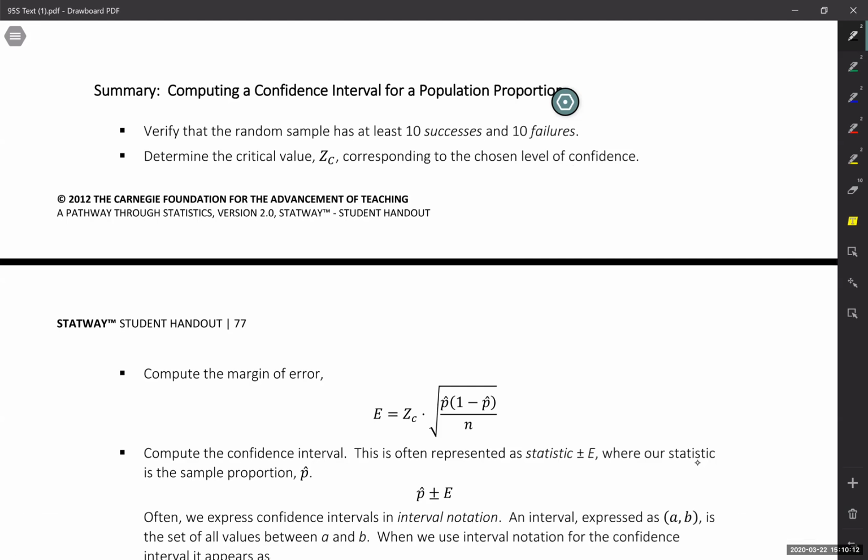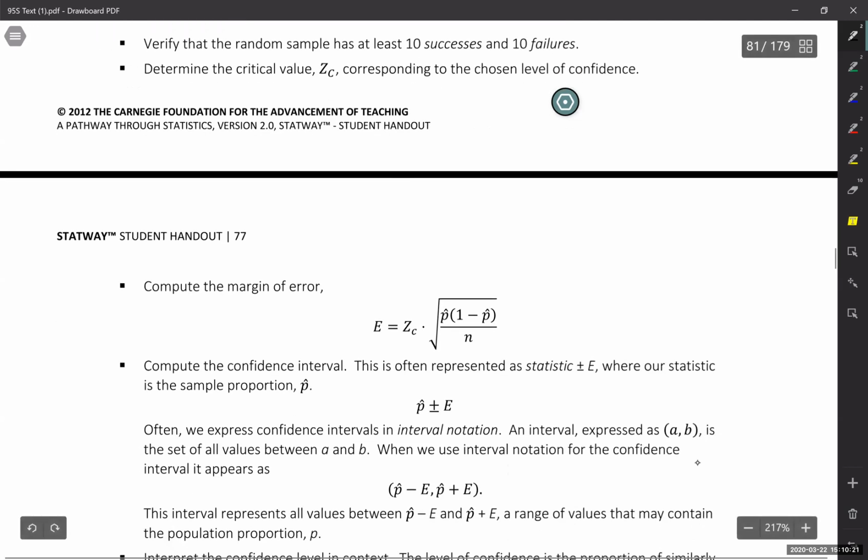And once we have that, we want to determine the critical value Z, which I just showed you the table we're going to use. And then we'll use this formula for margin of error. Now 1 minus p hat is the same thing as q hat.